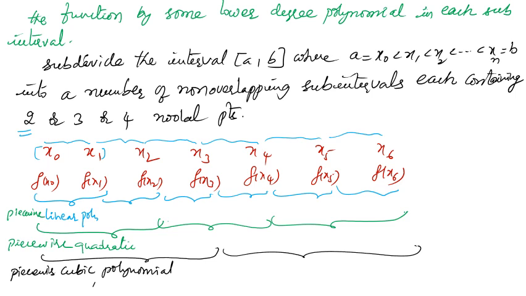Therefore, 2 points give piecewise linear, 3 points piecewise quadratic, 4 points piecewise cubic polynomial.